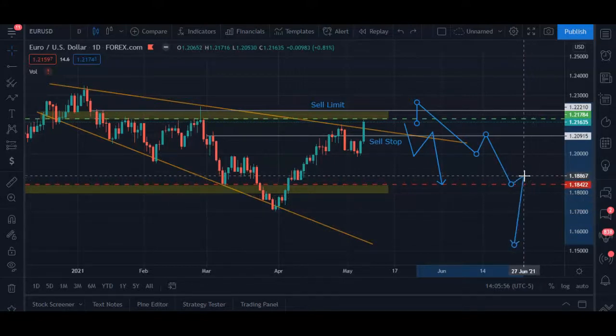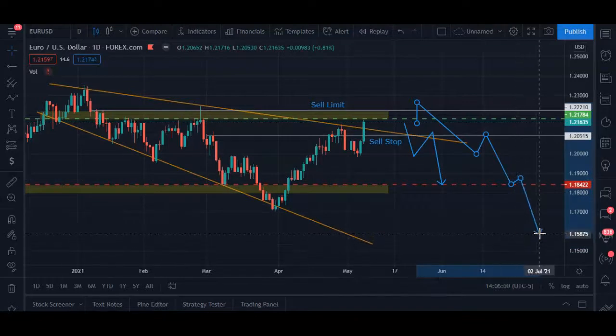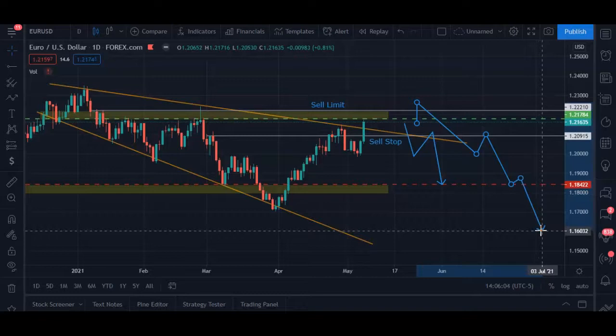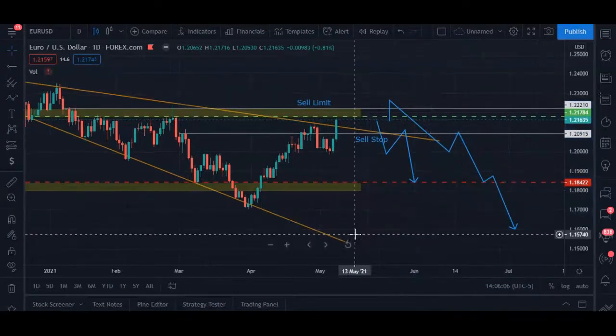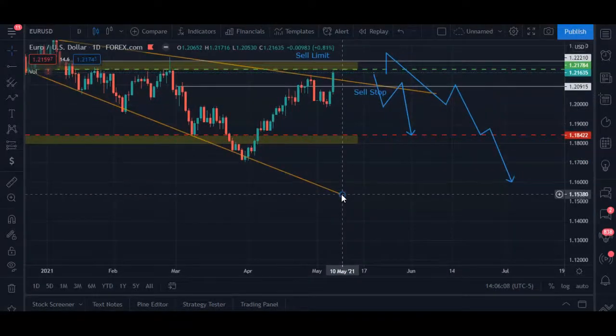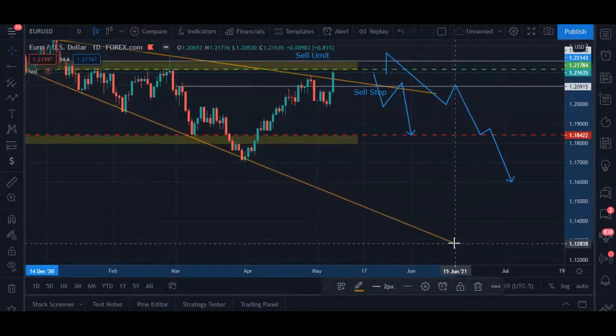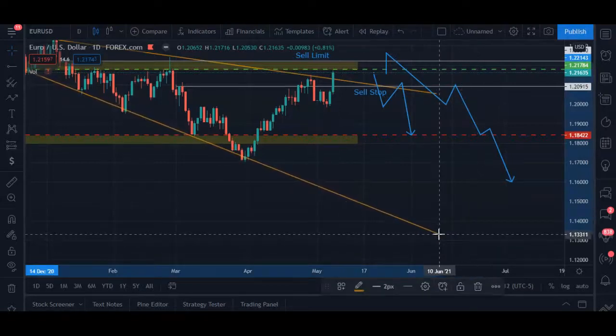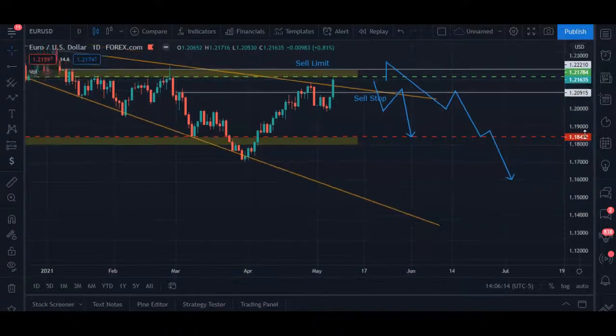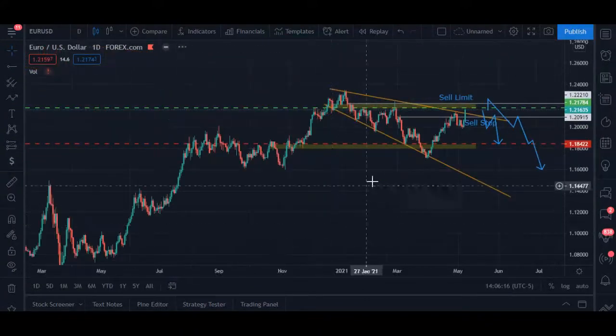Let's see. Boom. Hit here a little bit. Here a little bit. And there we go. Alright, so this is my chart. This is what I'm looking for to happen.